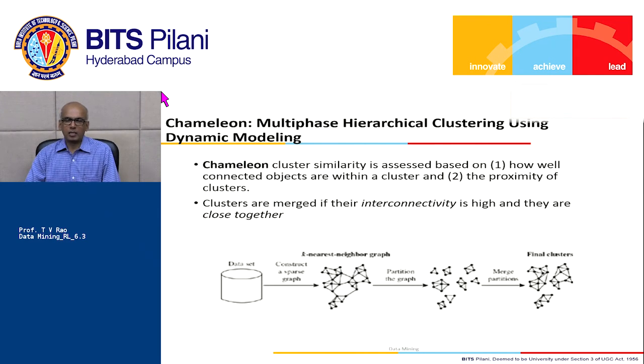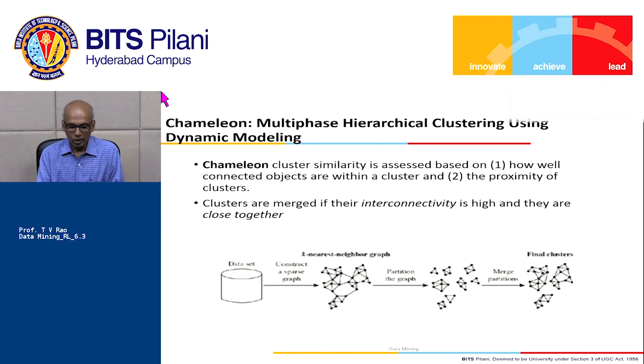And then we look at another popular clustering algorithm called Chameleon. This algorithm uses both agglomerative and divisive principles, and it also uses a graph approach. So it is not using a tree, it is using a graph, and it increases the robustness of clustering by not going with a minimum spanning tree, but rather a graph which represents the k nearest neighborhood.